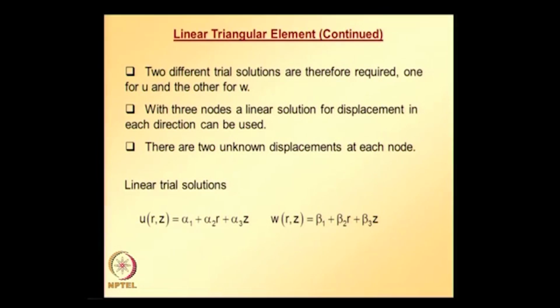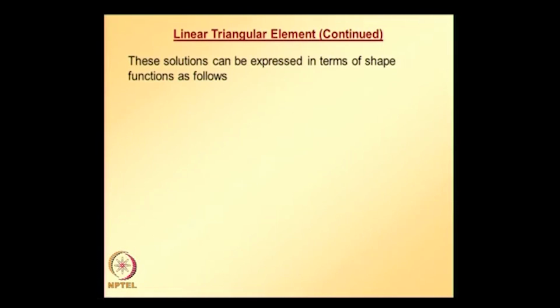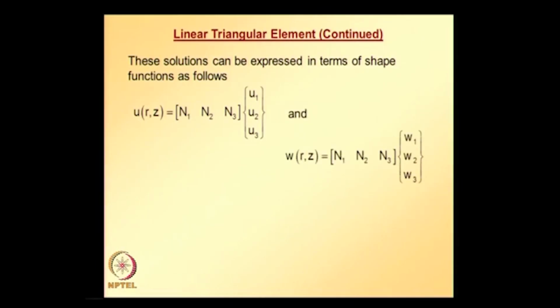Here alphas and betas are unknown solution parameters. These 2 trial solutions can be expressed in terms of shape functions like this, u and w.